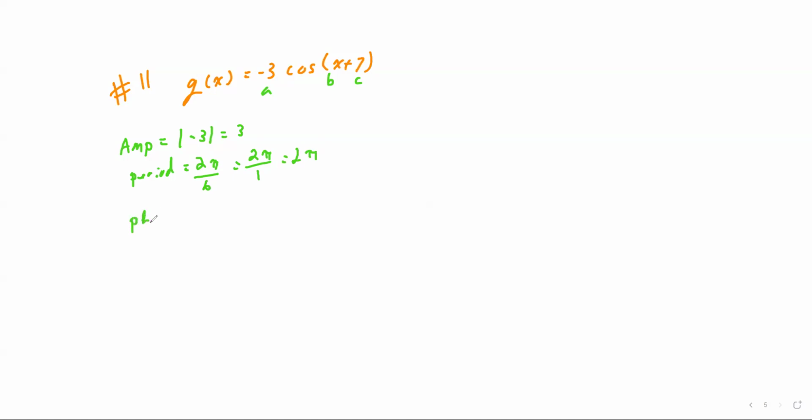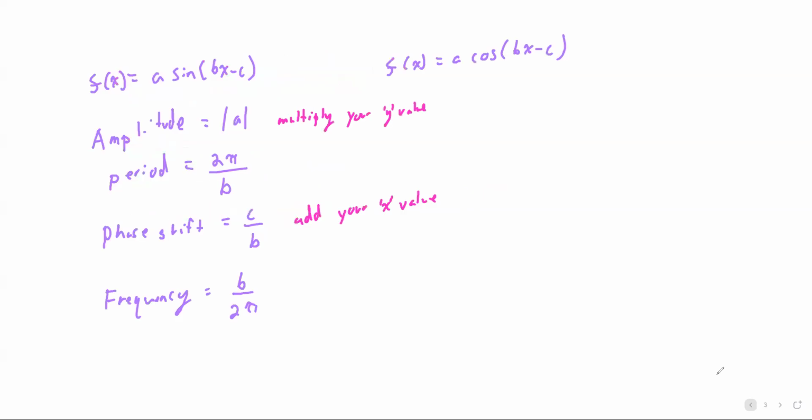And then if we look at our phase shift, it would be c divided by b, which in this case is 7 divided by 1, which is just 7. But that's only part of it. So it shifts 7, but if you remember, let's go back over here.